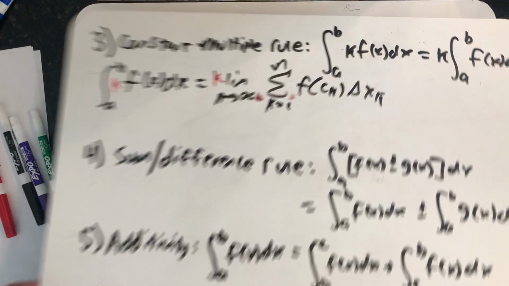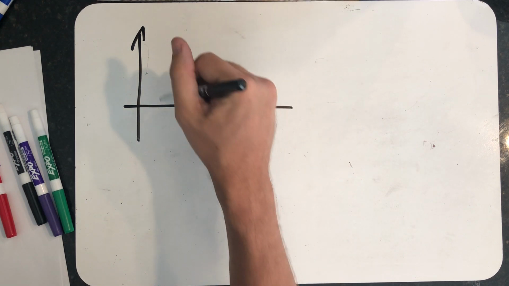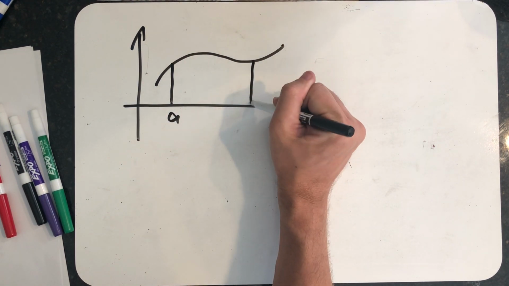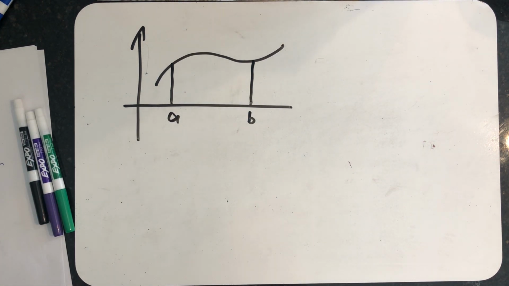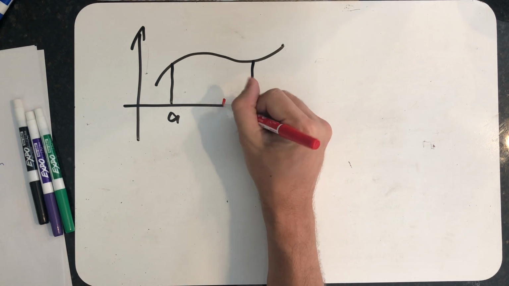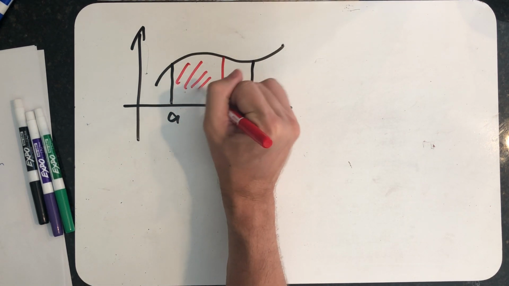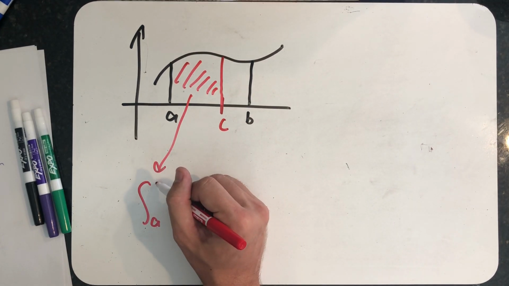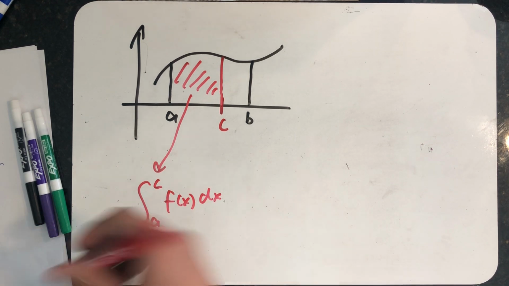Now, I like to think about that in terms of a picture. Let's say I just have a well-behaved function, and then maybe I think of a value c. This area would correspond to the definite integral from a to c of f of x dx.